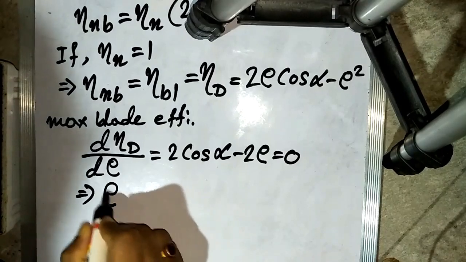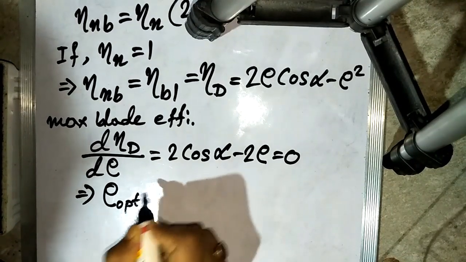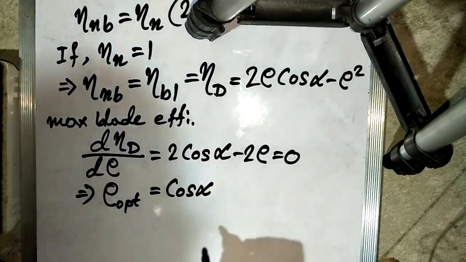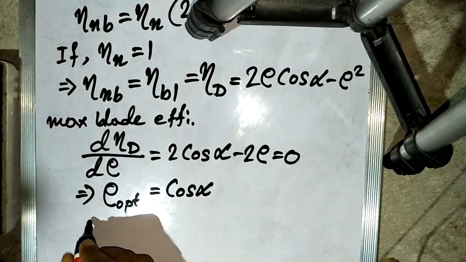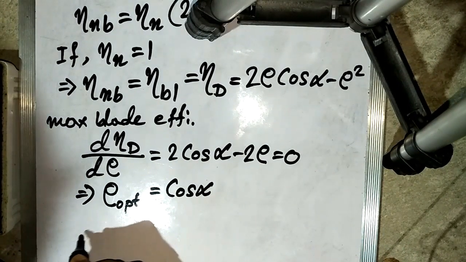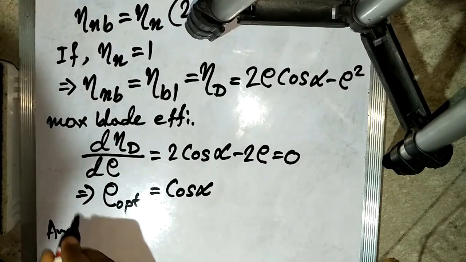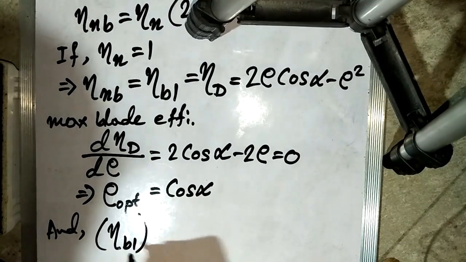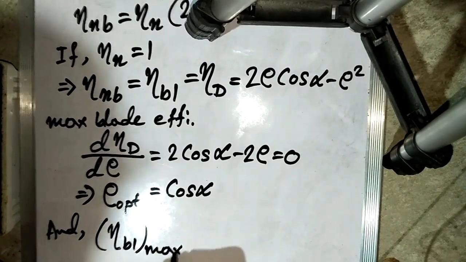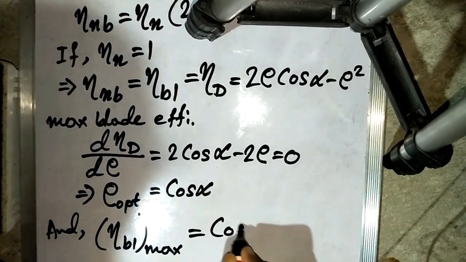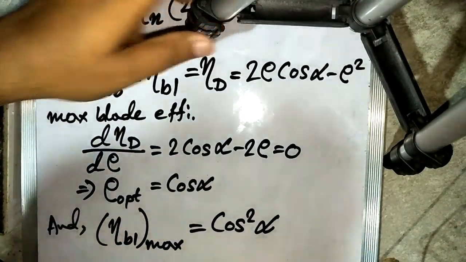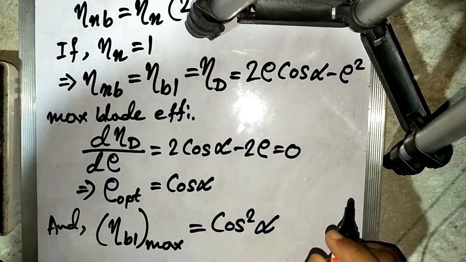So we get the optimum value of rho equal to cos alpha, and the maximum blade efficiency, eta d1 max, is nothing but cos square alpha. This is the expression for eta b1 max.